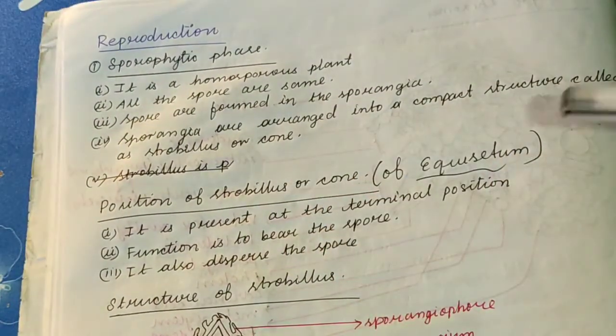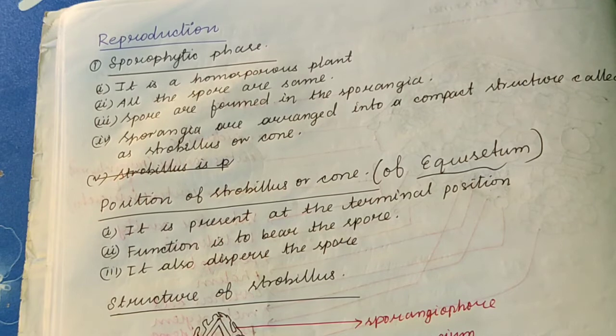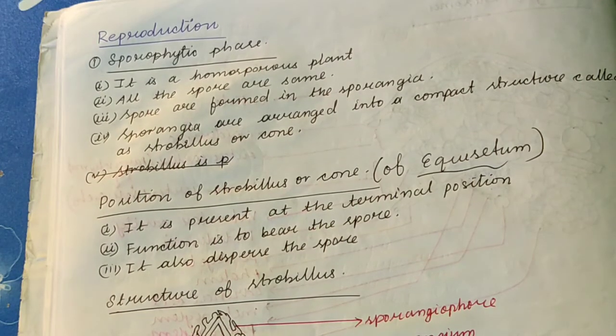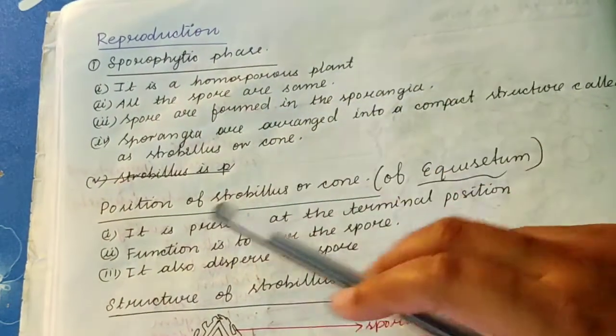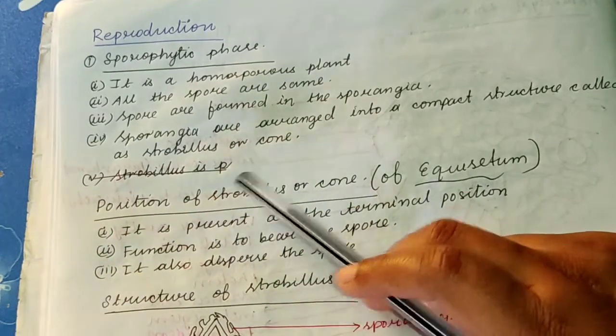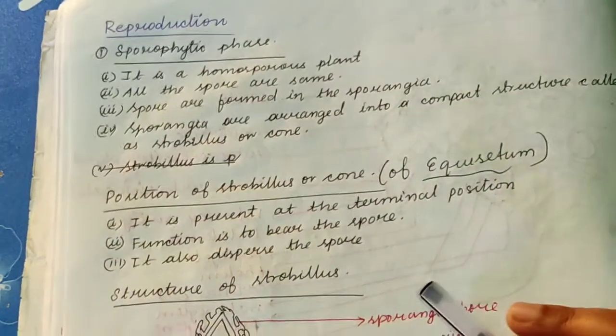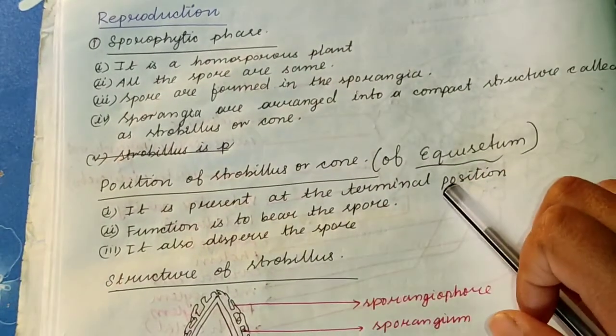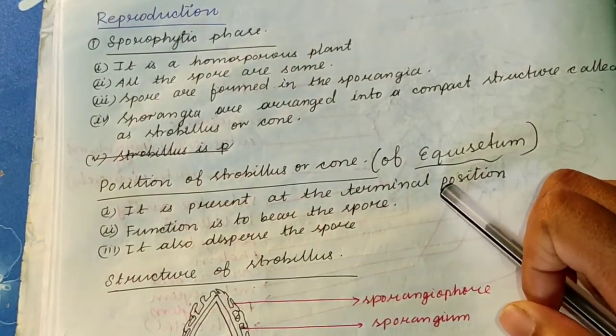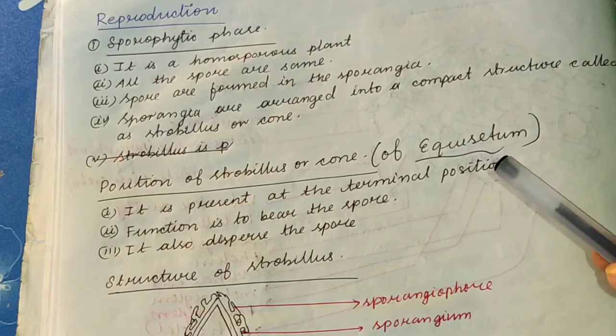In the previous video, in the morphology of Equisetum, we saw that at the terminal position of the plant, a cone is present. The cone is also known as a strobilus. So now we will see the position of the strobilus or cone of Equisetum. It is present at the terminal position of the plant.